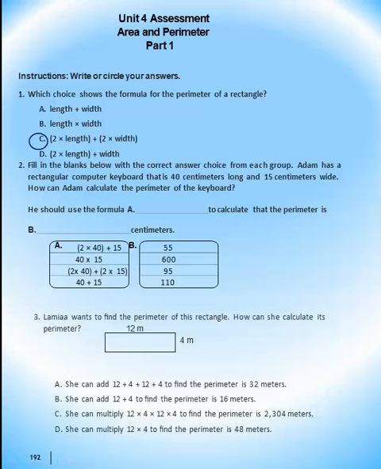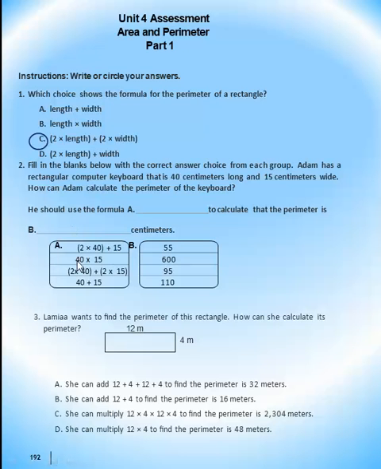Fill in the blank below with the correct answer choice from each group. Here we have the choices and we need to fill the blank. Adam has a rectangular computer keyboard that is 40 centimeters long, and its width is 15 centimeters. How can Adam calculate the perimeter of the keyboard?